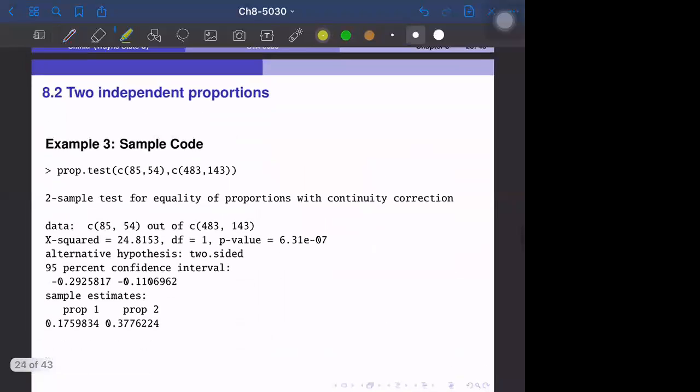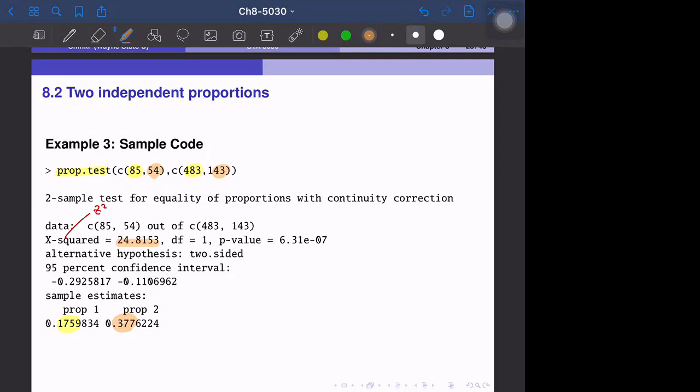Okay, so we can use prop.test, and this is U of M, and this is Wayne State, and we want to test. At first, the sample proportions are 17.6% and 37.8%, so much larger. And how about the test result? The chi-squared statistic, this is the z-square statistic, is 24.8, so pretty large.